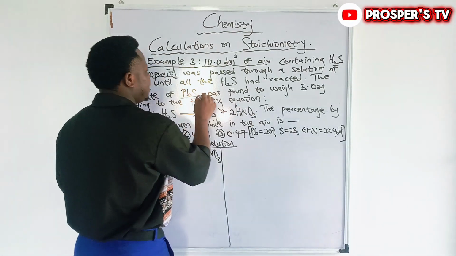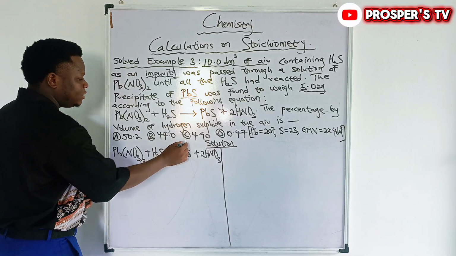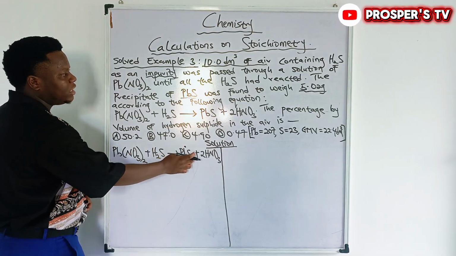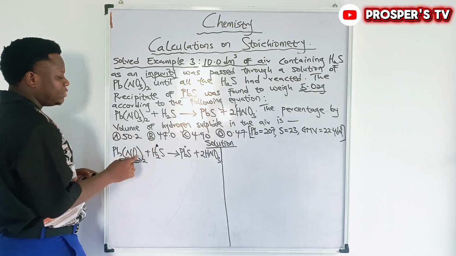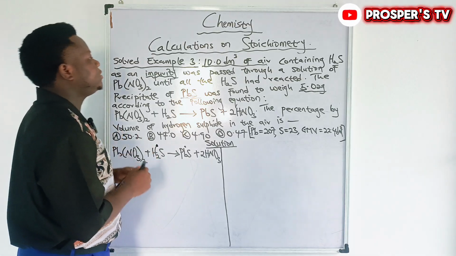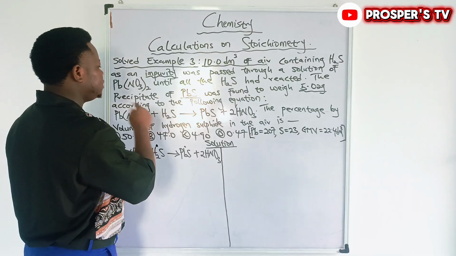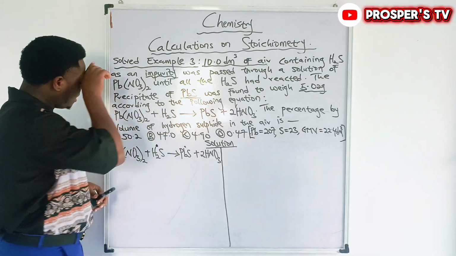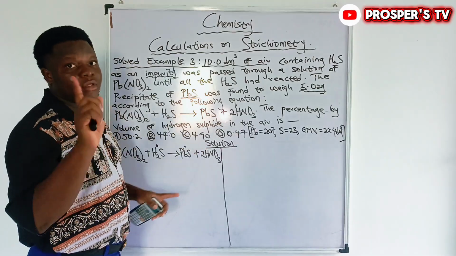So I dot this part because the amount of lead sulfide was given. And then, of course, the question is centered around hydrogen sulfide. So the question is what? The percentage by volume of hydrogen sulfide in the air is dash.